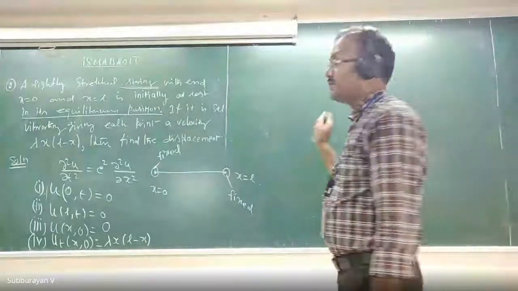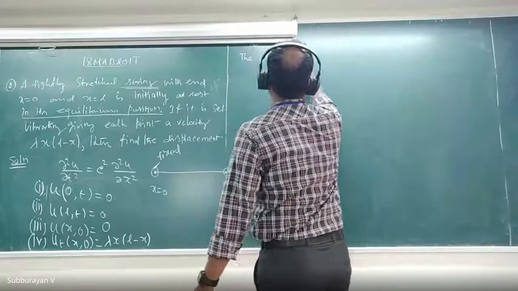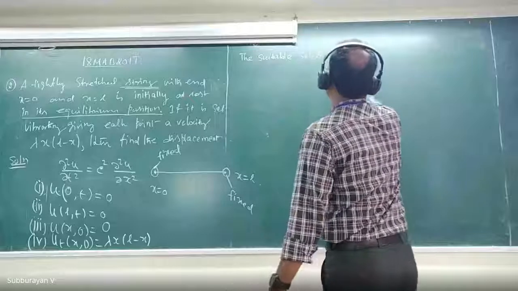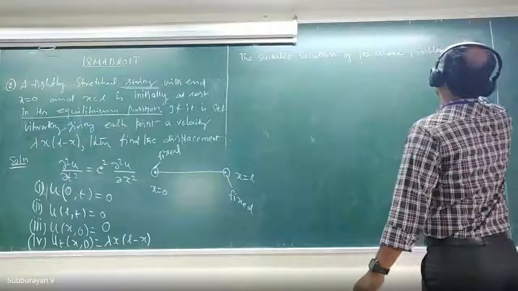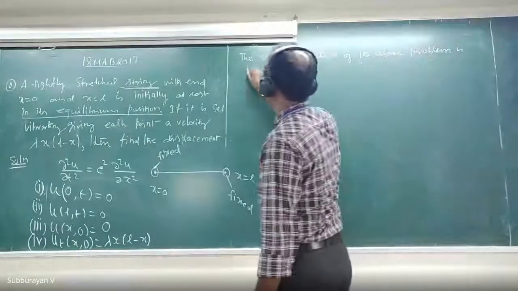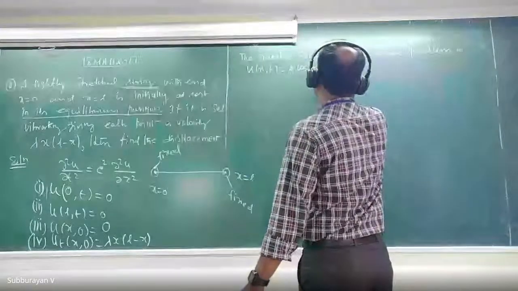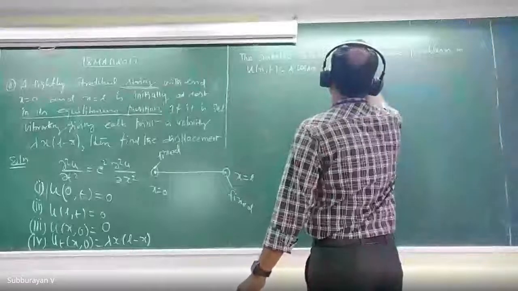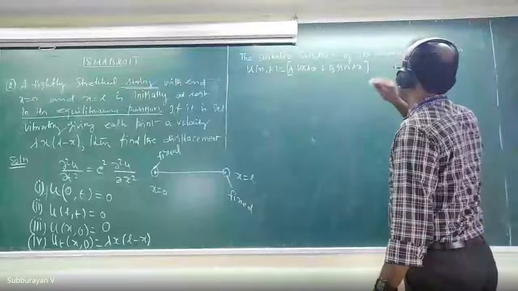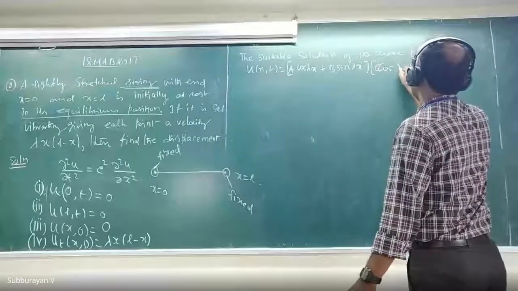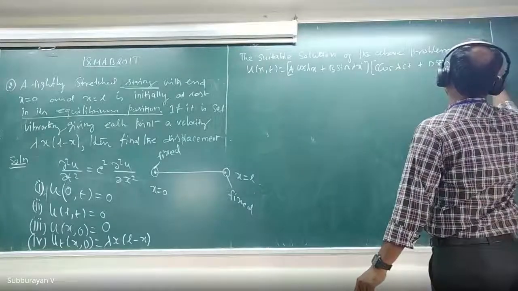So the suitable solution of the above problem is u of x comma t equals a cos lambda x plus b sin lambda x into c cos lambda ct plus d sin lambda ct. Now I call this equation number 1.